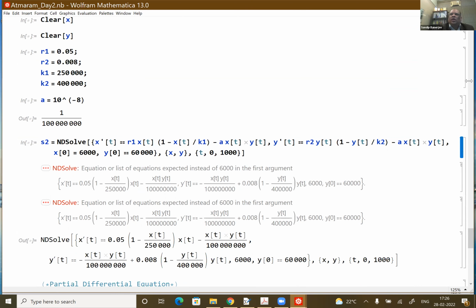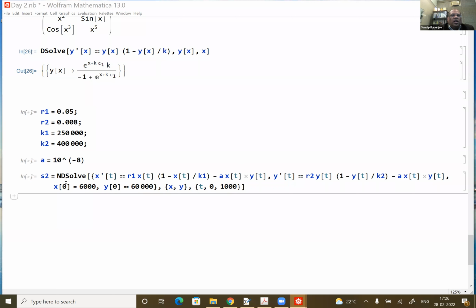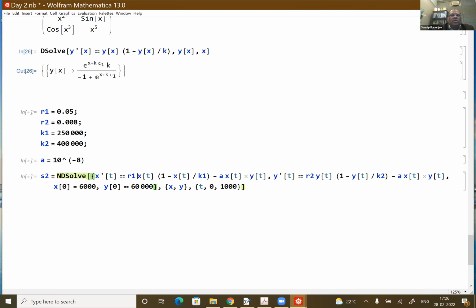Okay, I have taken here R1 xt, xt by k1. K1 has values, A has some value, x into y dash t double equals R2 yt, this x0 some condition, y0 some condition.